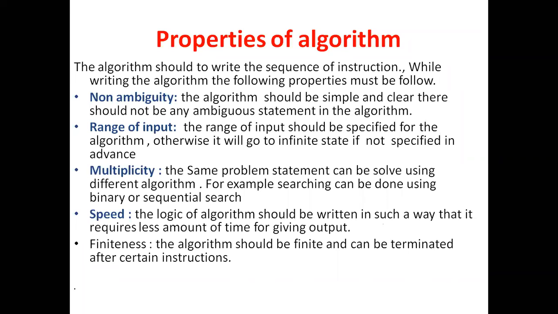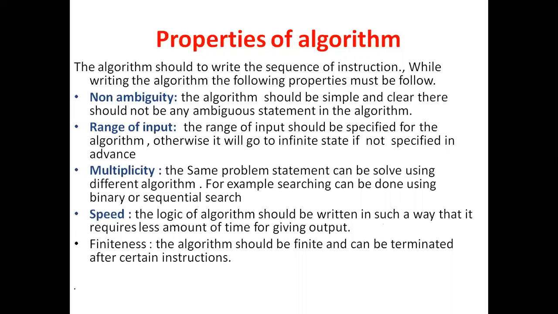So that type of problem should not occur. That's why we need the range of input. Whenever we are writing the algorithm, we should know in advance the input ranges available for the algorithm. Suppose we want to develop an algorithm for adding two numbers.